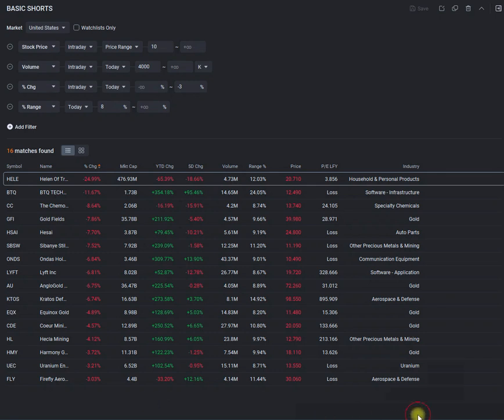So let's start first with the list, which is the most important. How do you pick out, of the 9,000 stocks that are trading on the New York Stock Exchange and NASDAQ, the right candidates to short? Obviously, if the market is trending lower sharply, you immediately have short candidates.